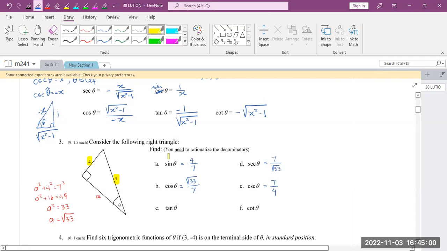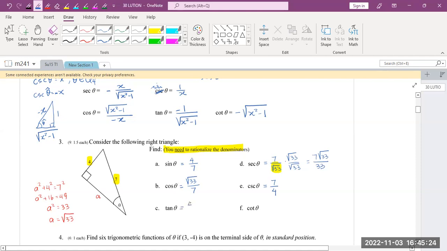However, I did say here, you need to rationalize the denominator. If the denominator has a square root, then you rationalize that. Multiply the top and the bottom by the same radical. That way, on the numerator we get 7 radical 33, and the bottom we get just 33. It becomes a rational number in the denominator. How about tangent theta?